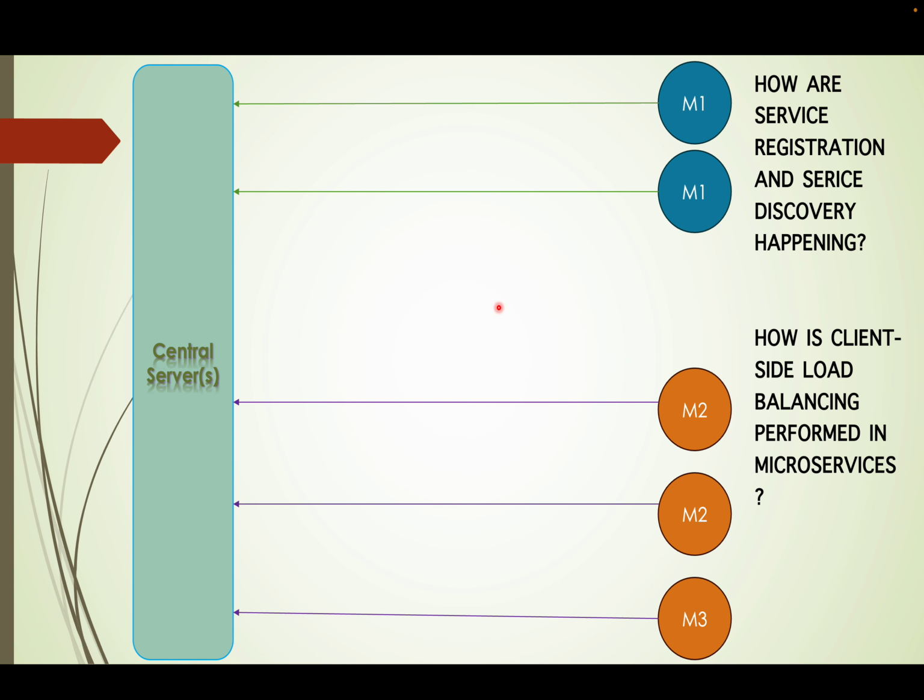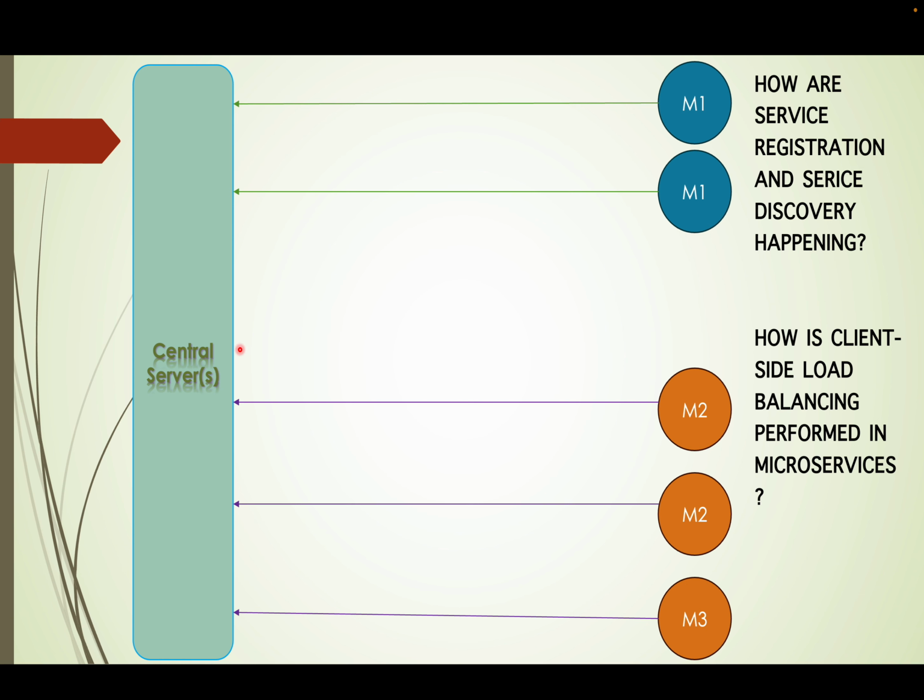What does that mean? It will remove the IP address information of the destroyed instance from the central server. That is called service deregistration. If for any reason any of the instances is down, that specific IP information will get removed, deregistered from the central server.